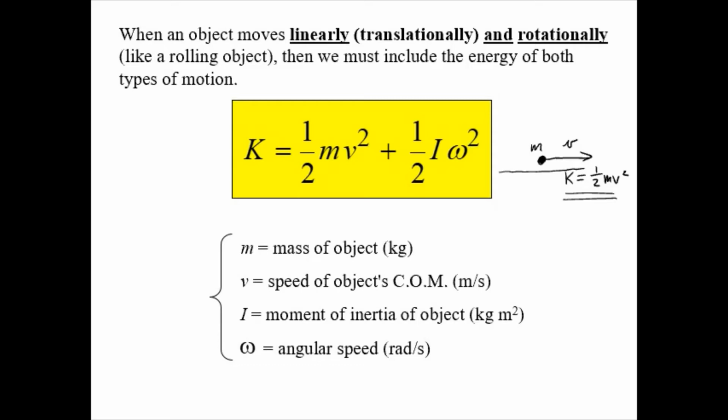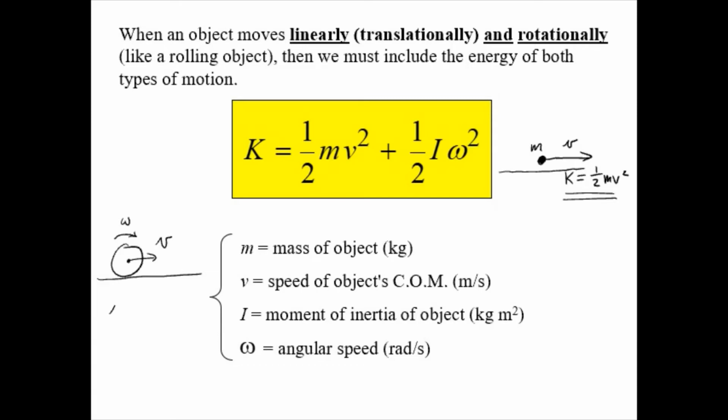Okay, so now what we're doing is adding these together. And the nice thing is, if it's a rolling object, if it is an object that's round and it's rolling on the ground here, suppose it's rolling along, there's going to be a nice direct correlation between the speed at which it's moving and the rate at which it's rotating. So in this case, I guess this wheel would be rotating this way if it was going in the forward direction, right?